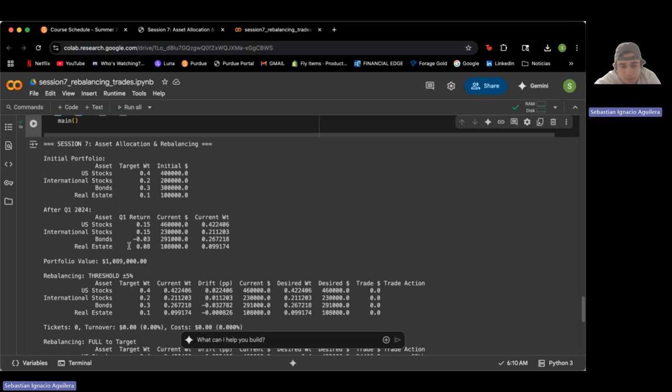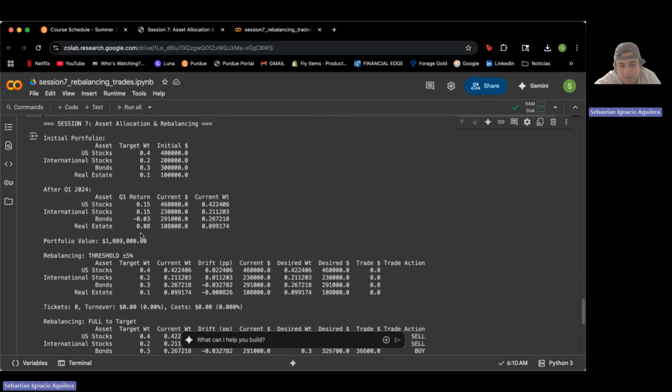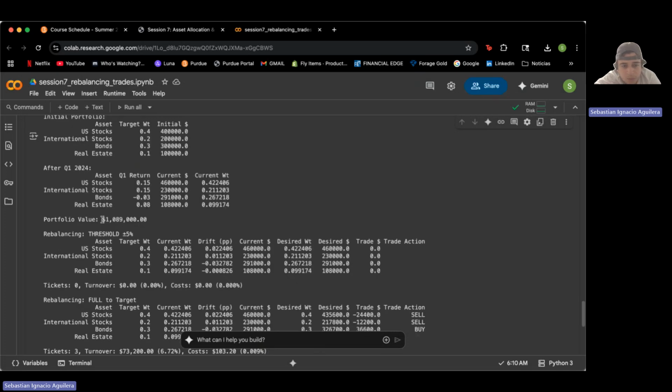For bonds, we lost 3%. The current weight is 26%, leaving us a current of 291,000. And for real estate, it's 8%, 108,000. Current weight is 9.9%. So our portfolio value now after Q1 is 1,089,000.